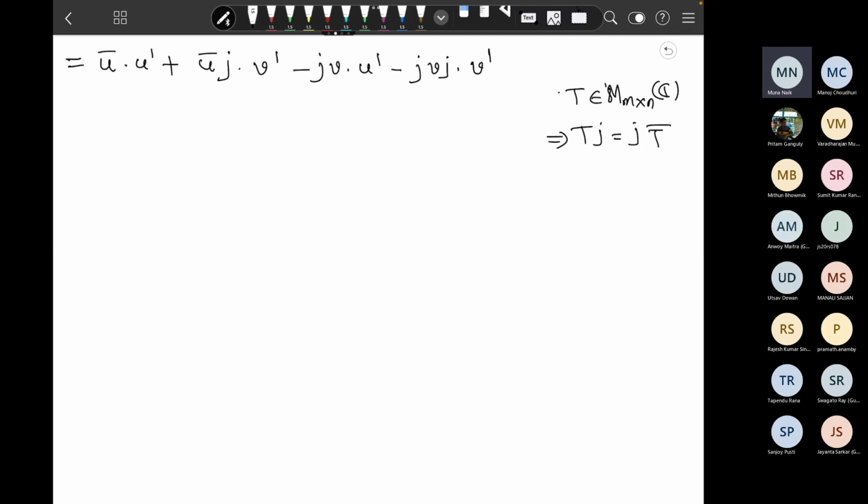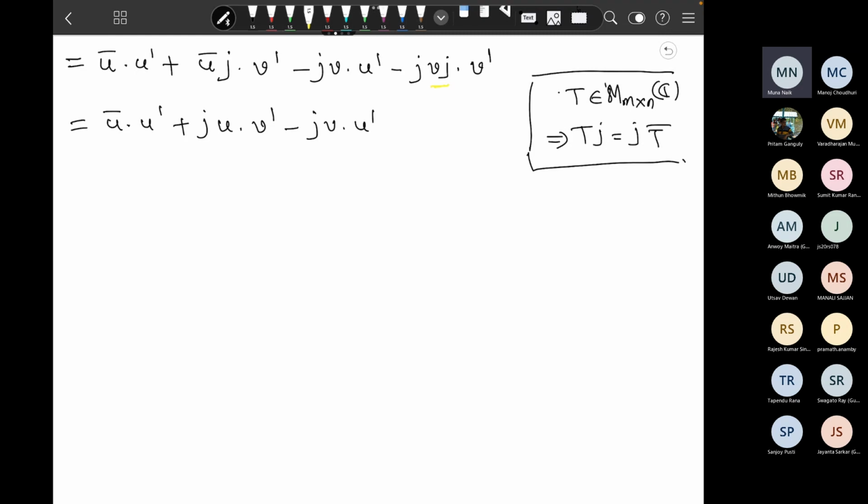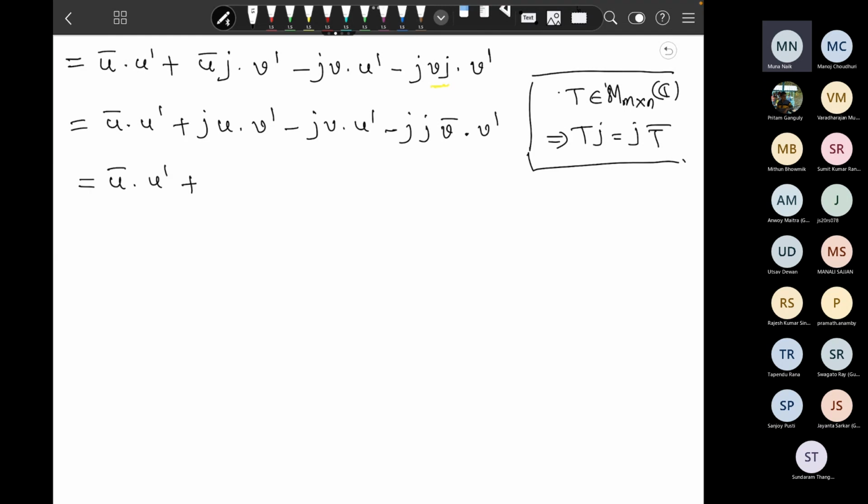Okay, so I will use this now. Ū·U′, so Ū J is equal to JU·U′ minus JV·U′, and this will be minus JV̄·B′. So Ū·U′ plus JU·B′ minus JV·U′, and minus J square is equal to plus 1 B̄·B′.